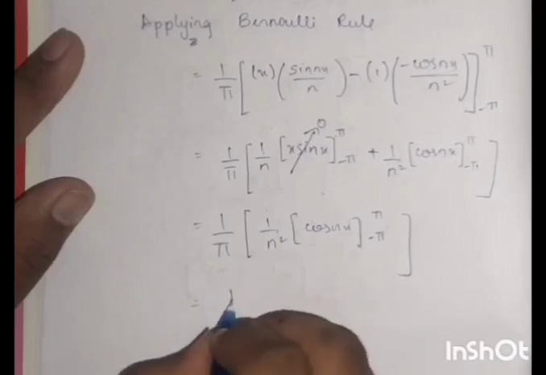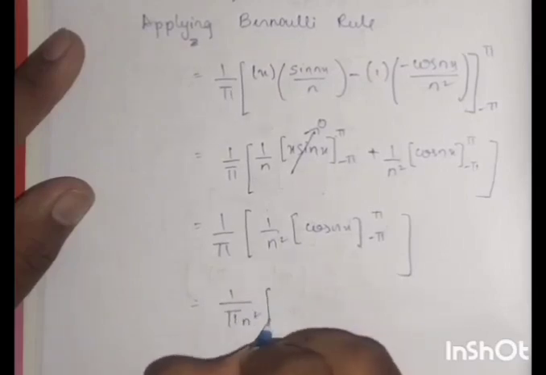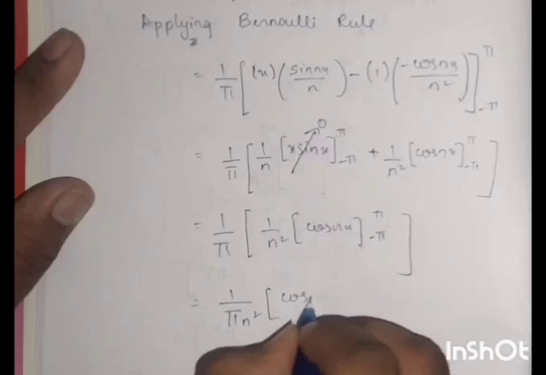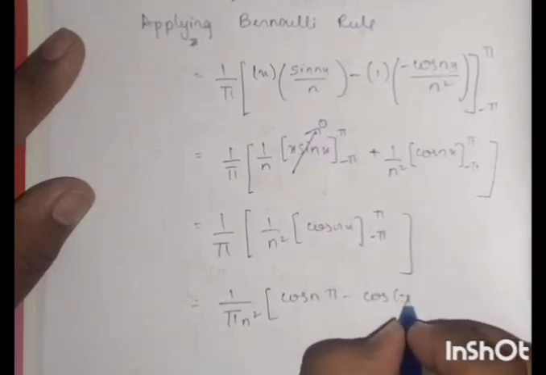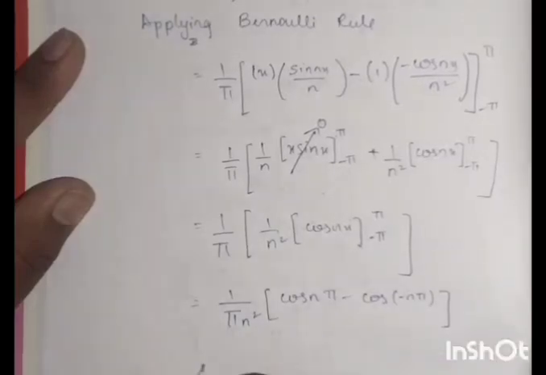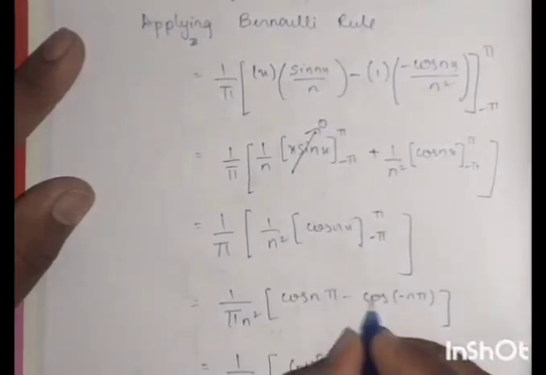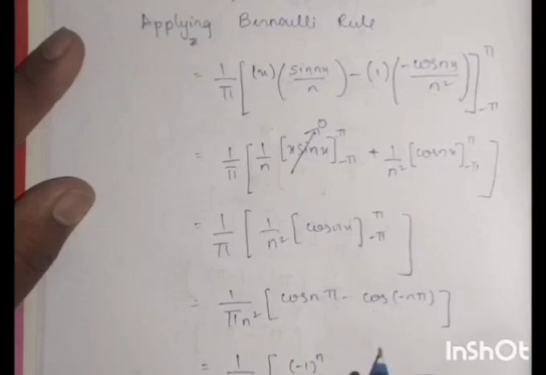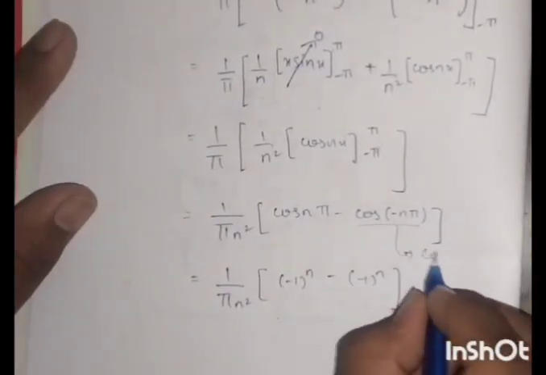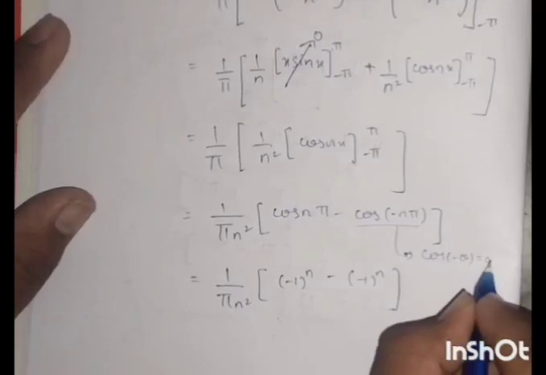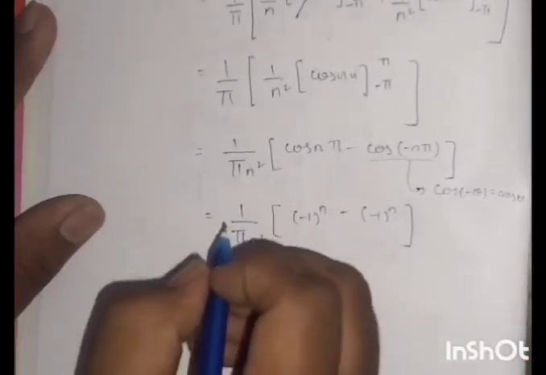So 1 by pi n square, applying the limit, cos n pi minus cos of minus n pi. Cos n pi is minus 1 raised to n, and cos of minus n pi is cos n pi, which is minus 1 raised to n, because cos of minus theta is equal to cos theta, that basic formula.